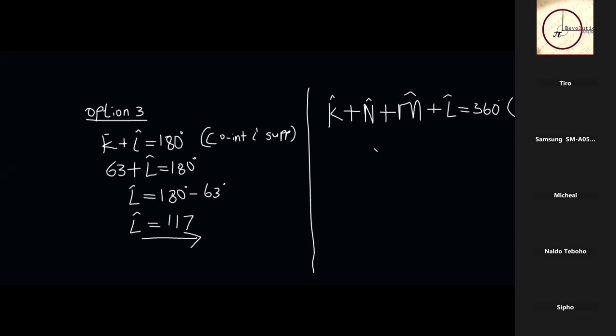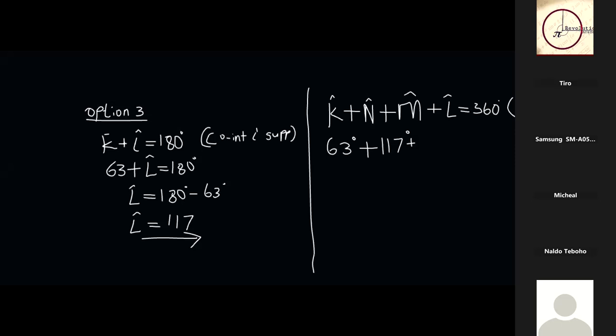In place of K we got 63, plus N, which was 117, plus M, which was 63, plus L equals 360.